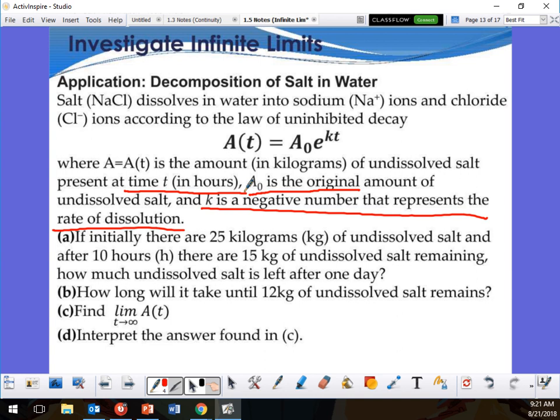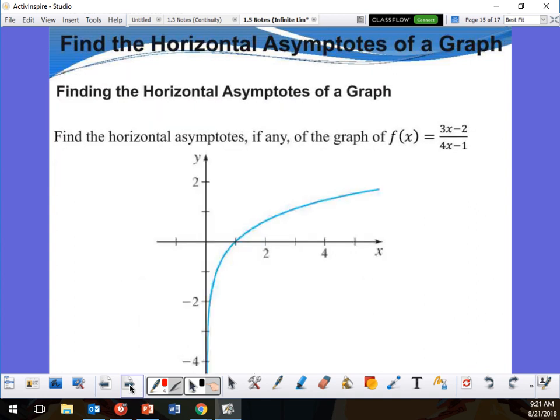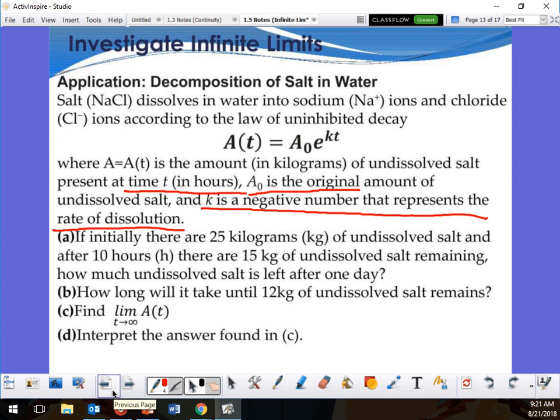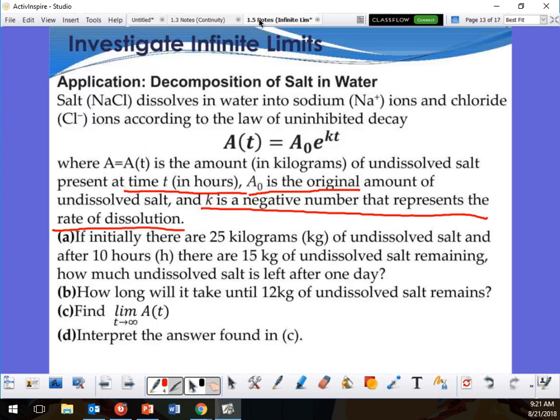So, initially 25 kilograms, that's going to be my A sub naught, and t is 10 hours.